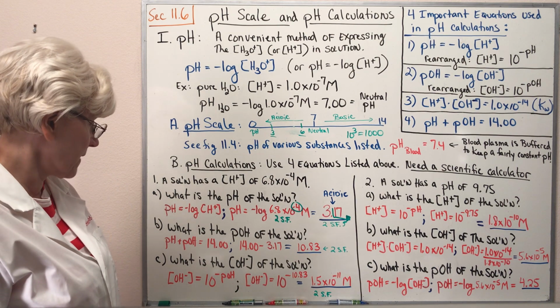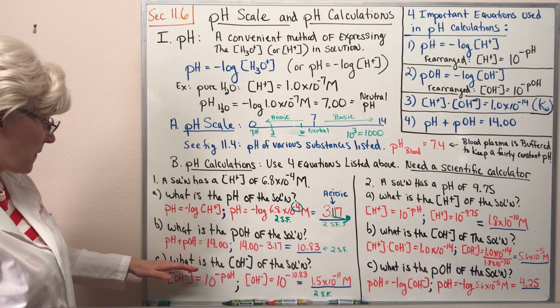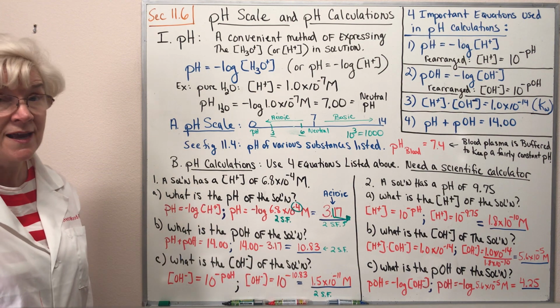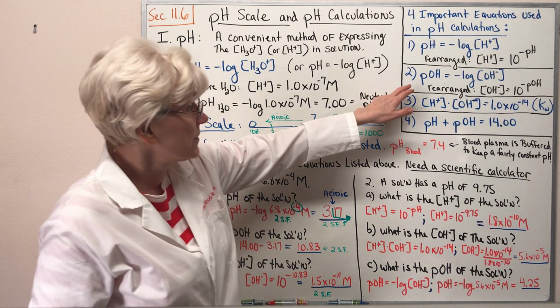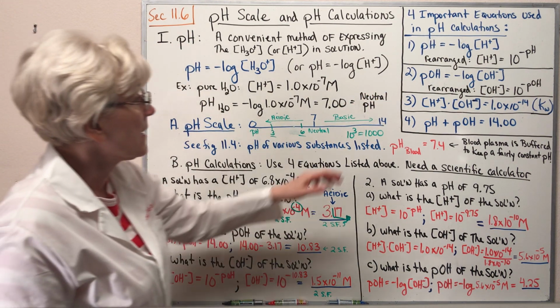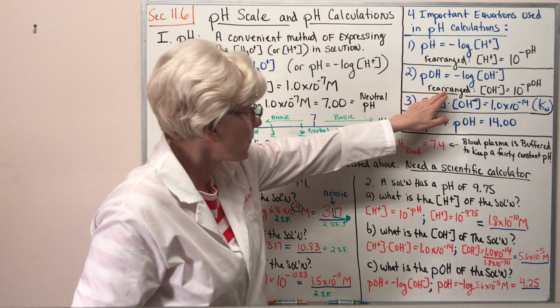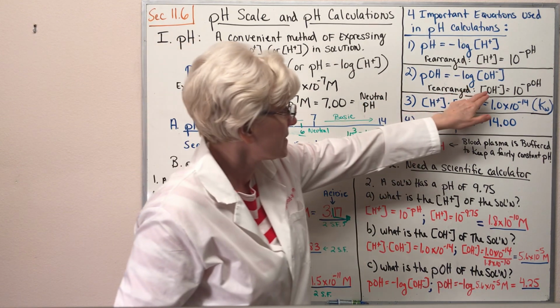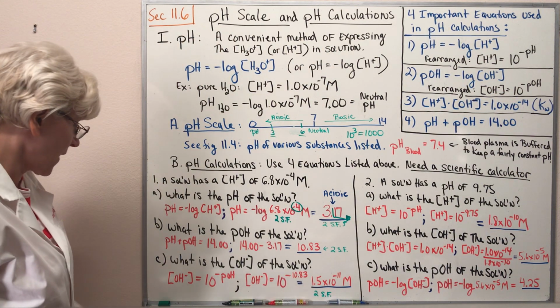And the third and last part of this question, what is the hydroxide ion concentration of this solution? Equation number 2 can be very helpful to us. In its rearranged form, the hydroxide ion concentration is 10 raised to the negative pOH.